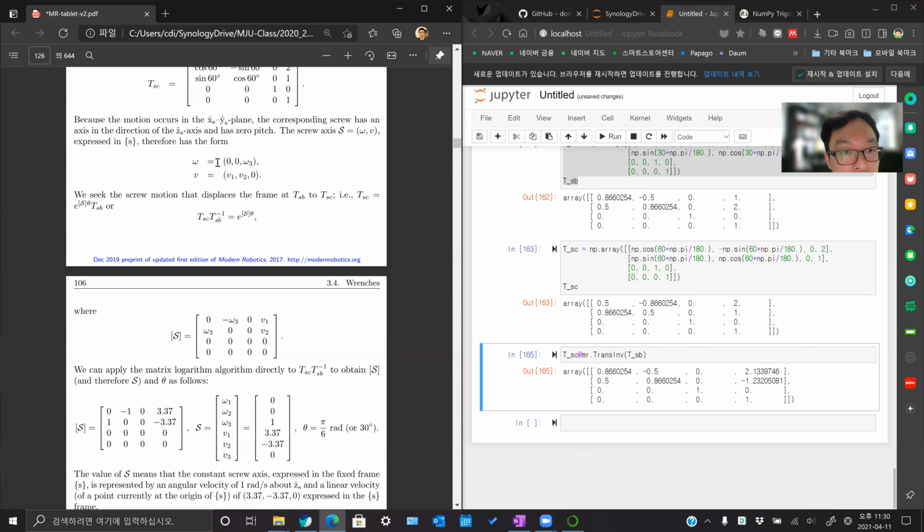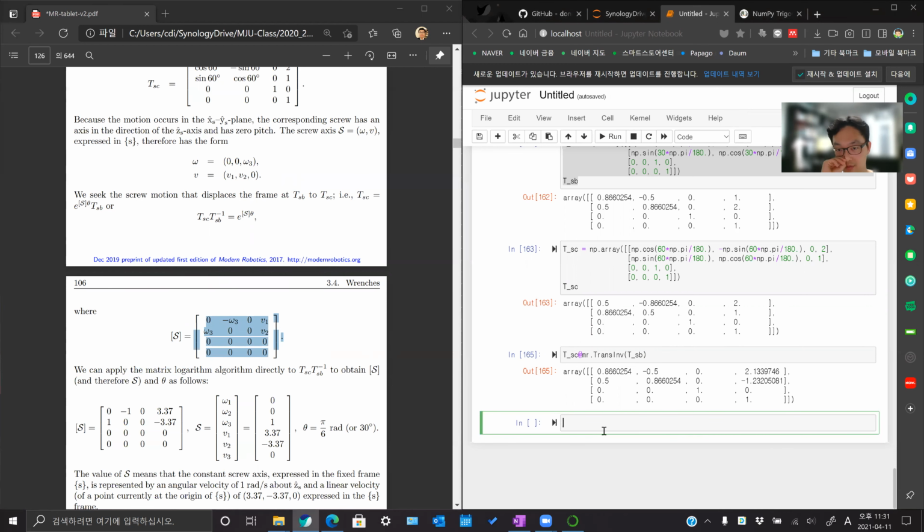And if the omega is here and V is here, then we can get the screw. What is the se3 form of screw? So if we take the matrix logarithm to here, we can get this one.